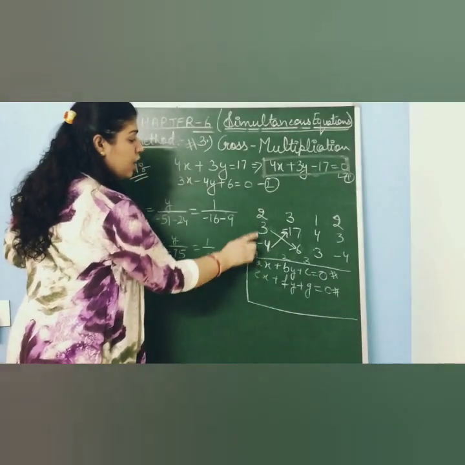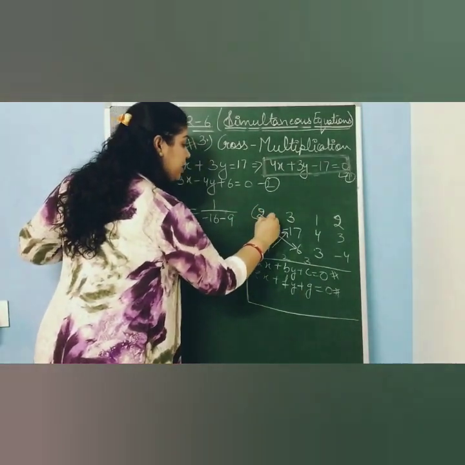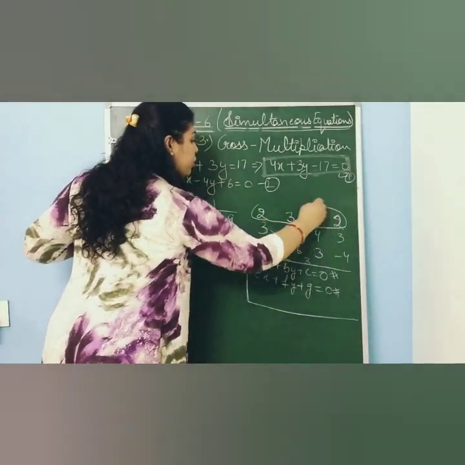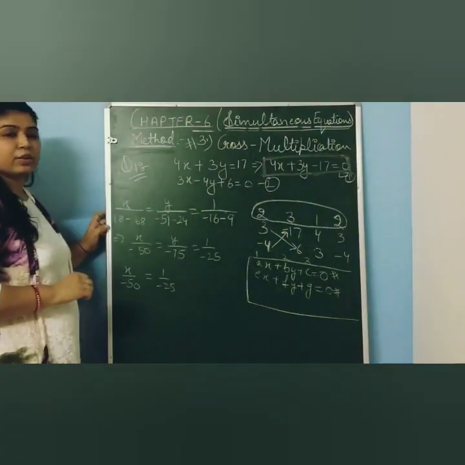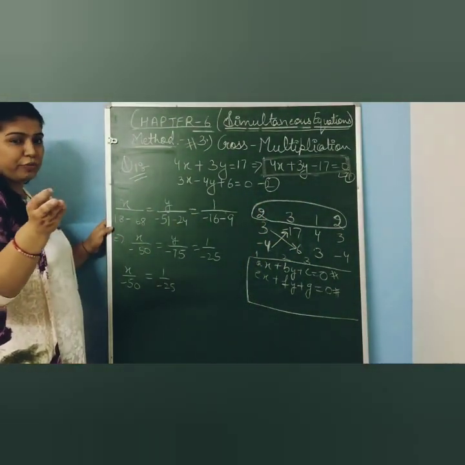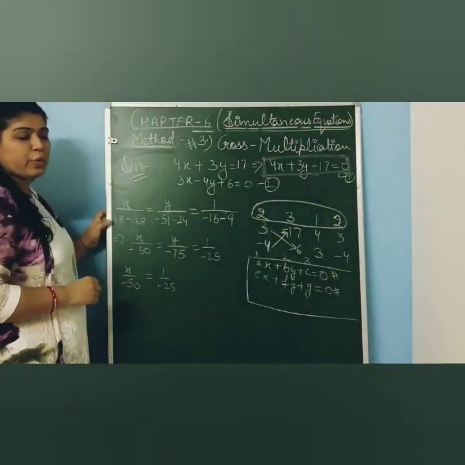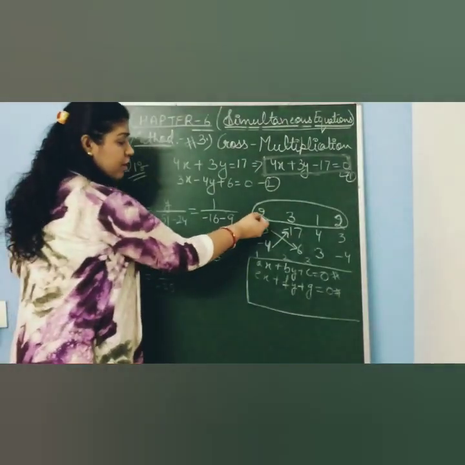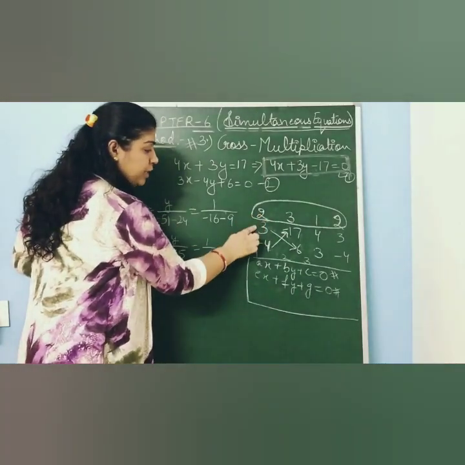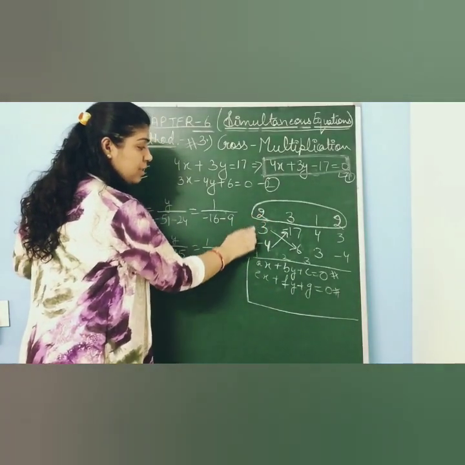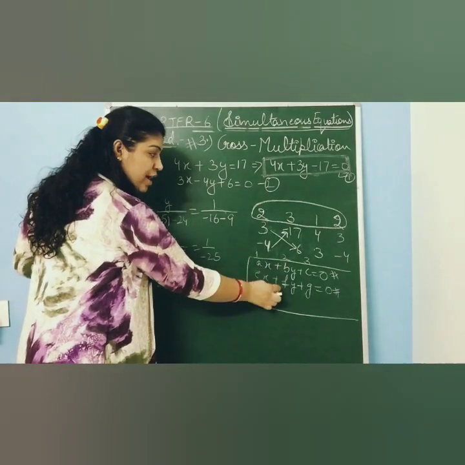Now see, for cross multiplication we are going to use this method. Many of you may know about this. This is 2312. First of all, we write the coefficients of the second term, that means the coefficient of y.